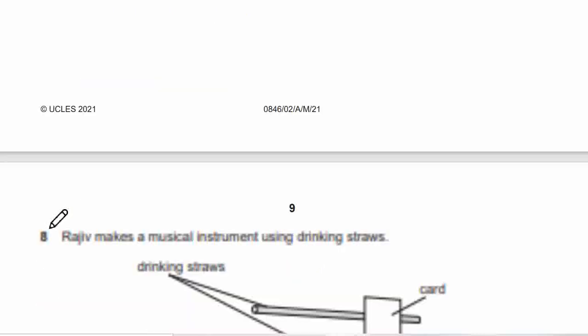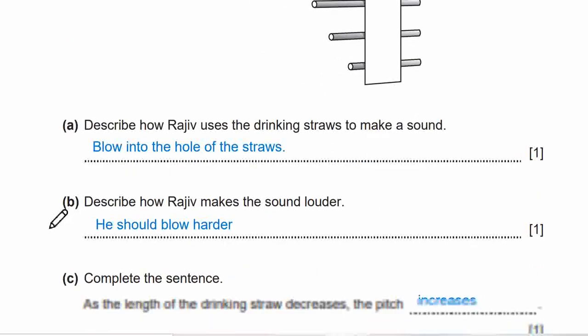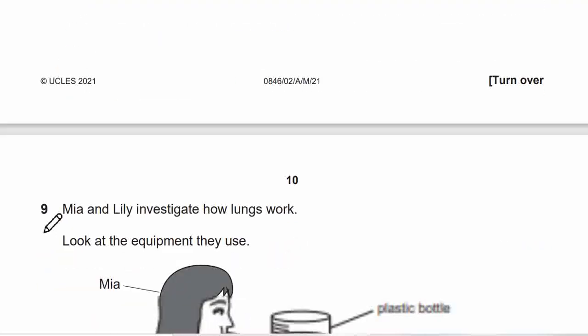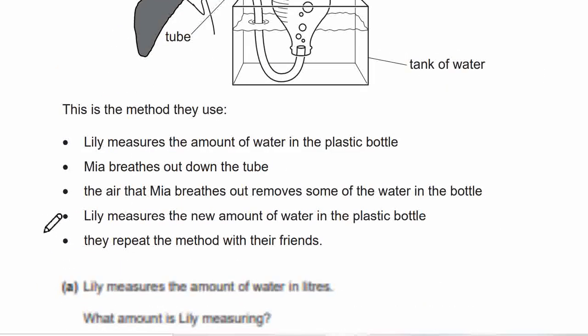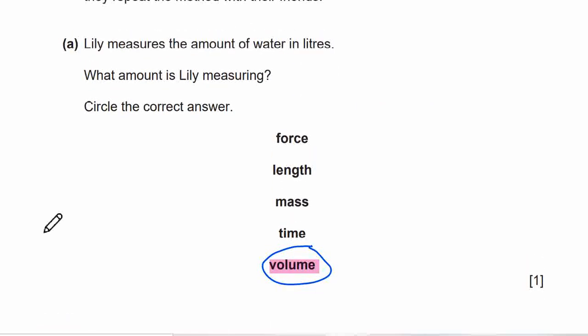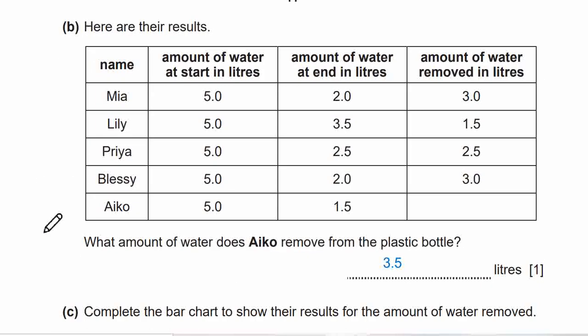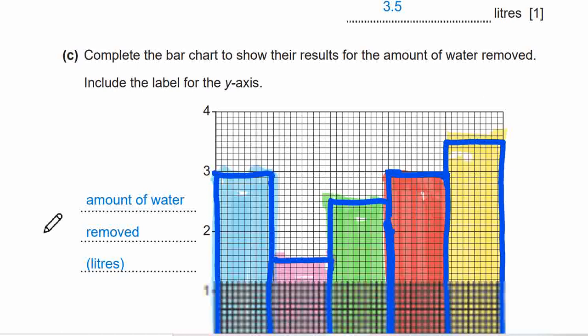Next is number 8, A and B and C. Next, number 9. It's the answer 9A. Next is 9B. And 9C.